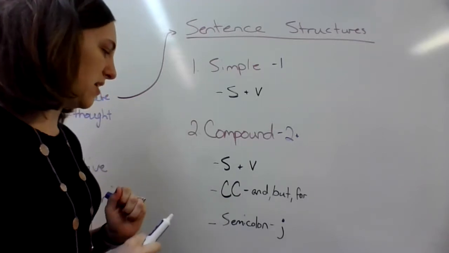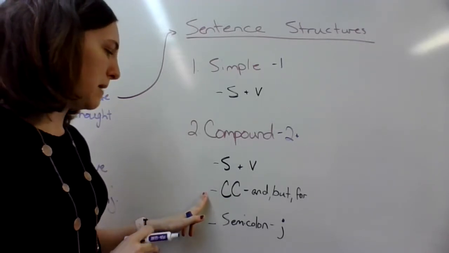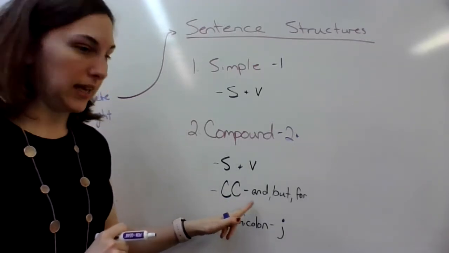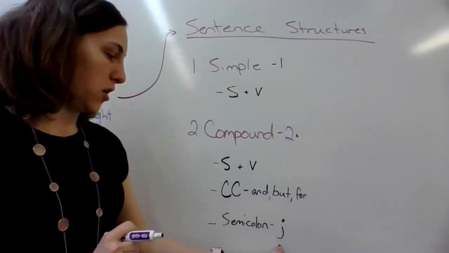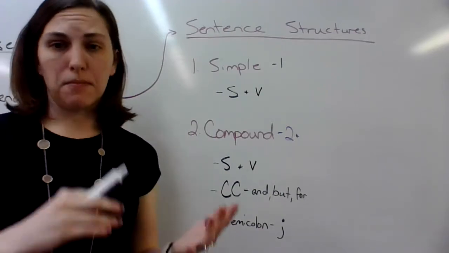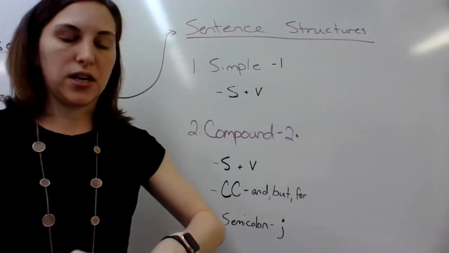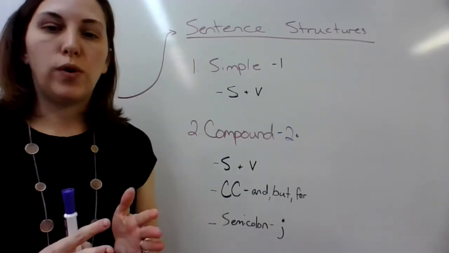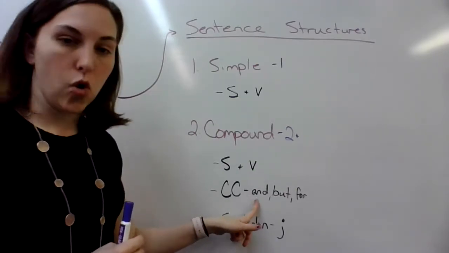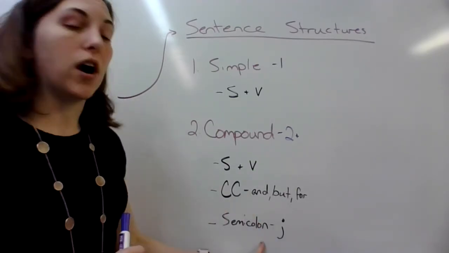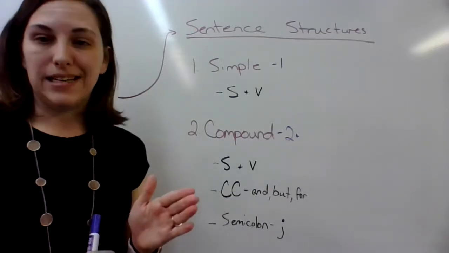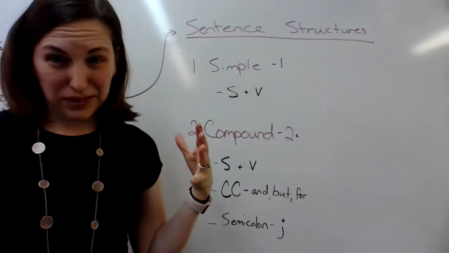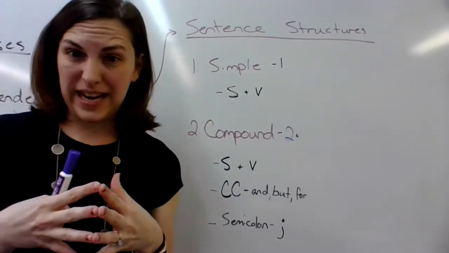It can stand by itself, but they are joined by coordinating conjunctions like and, but, for, nor, or, and yet, or a semicolon. If you remember all the way back at the beginning of the year when we were talking about commas, okay? What goes between two sentences? A comma and a coordinating conjunction, or a semicolon can go between two sentences, two independent clauses. Hopefully it's all kind of starting to come together for you, okay?